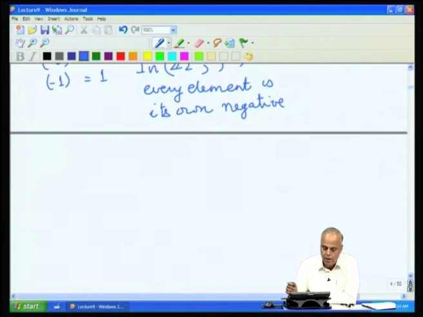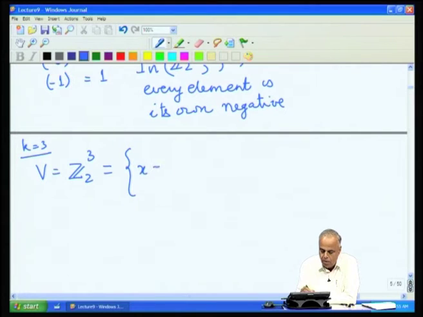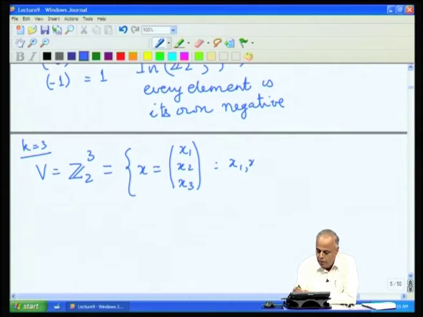Now, let us look at V to be this field F k with k equal to 3. What is this? This is the collection of all 3 by 1 matrices x 1, x 2, x 3, where x 1, x 2, x 3 are from the field Z 2.